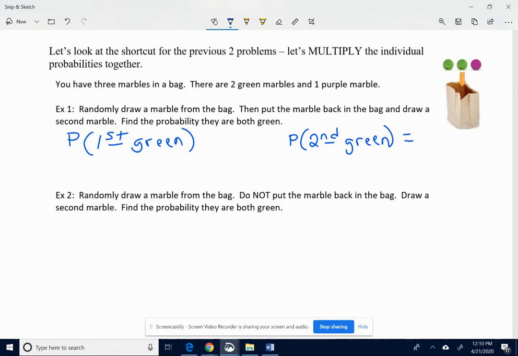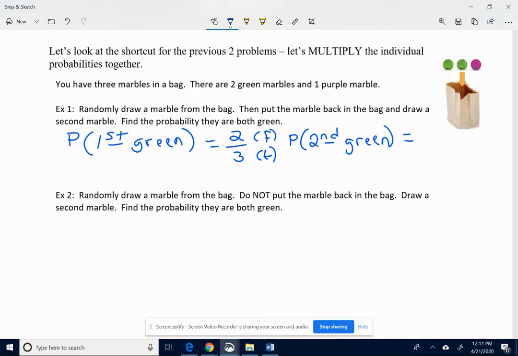The probability of the first one being green. We have 2 greens and 1 purple, right? So the favorable outcomes would be the number of greens. There are 2. The total outcomes would be the total of 3 marbles. A little F for favorable there and a little T for total on the bottom. So the probability of the first one being green is 2/3.